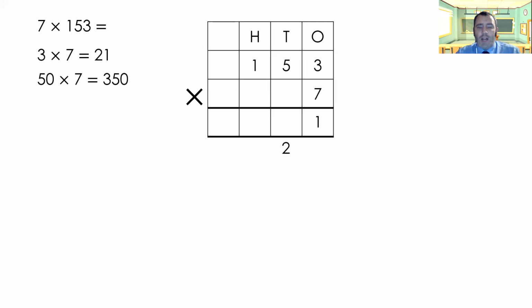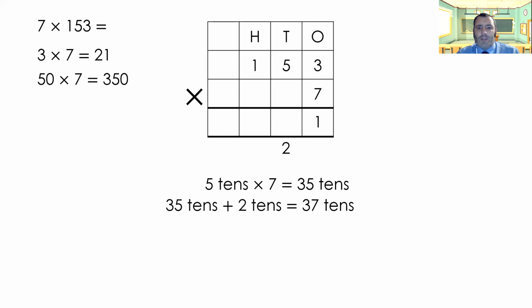I've got the 2 tens that I exchanged across from my first calculation, so I need to take those into account as well. So I've got 5 tens times 7 gives me 35 tens. And then I need to add the extra 2 tens on, so it gives me 37 tens in total. So there we go. There's the 7, and then I need to exchange the other 30 across.